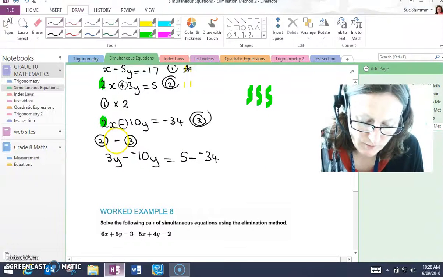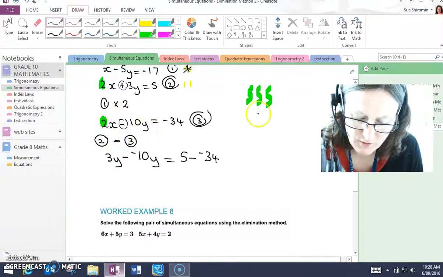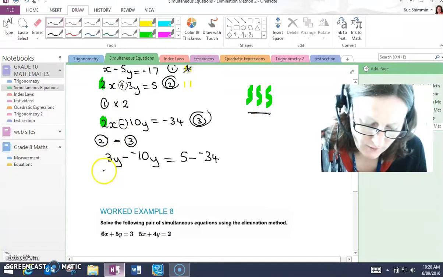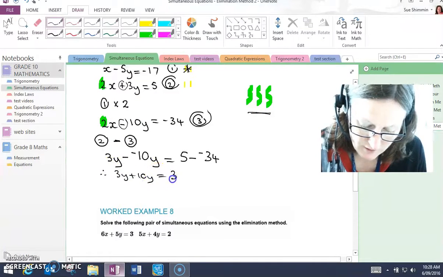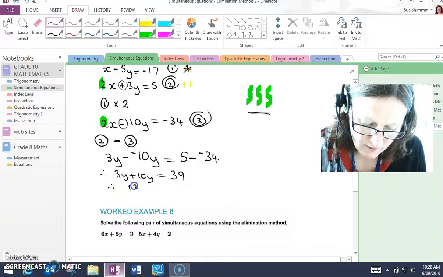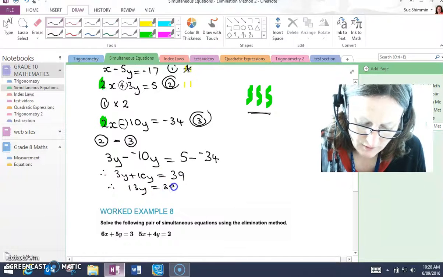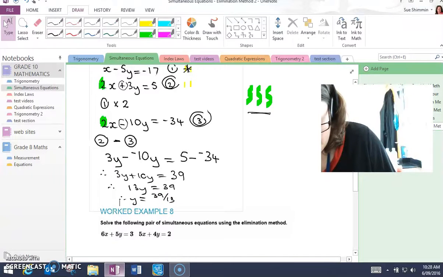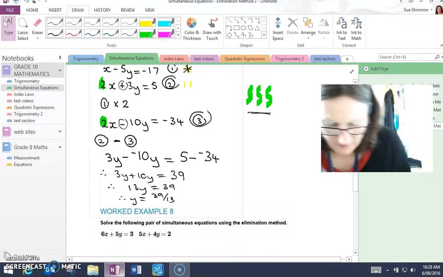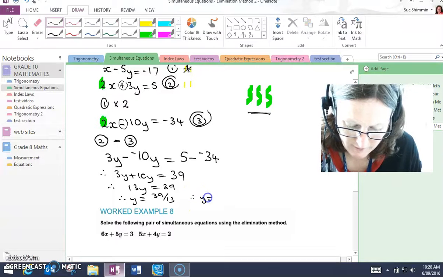Alright, we had to subtract these equations because the signs were the same. So that becomes 3y plus 10y is equal to 39. 13y is equal to 39. y is equal to 39 over 13. Therefore, y is equal to 3.